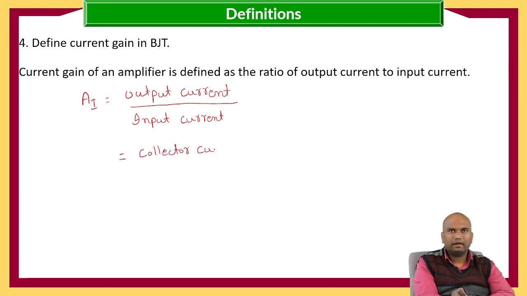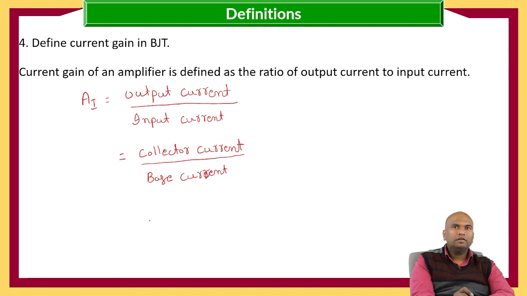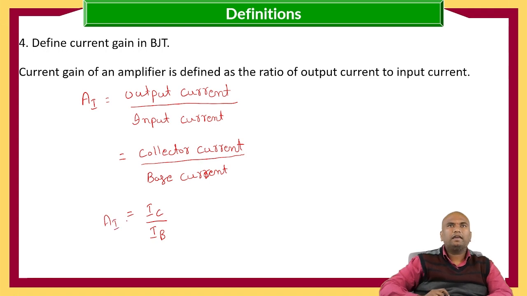Collector current, divided by base current. So AI equals collector current IC by IB. This is the current gain in the BJT.